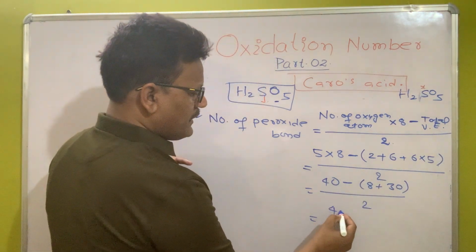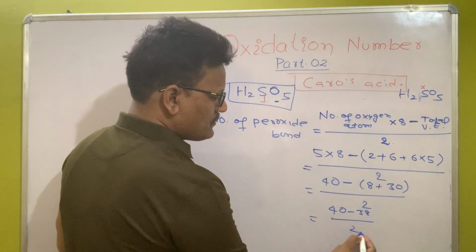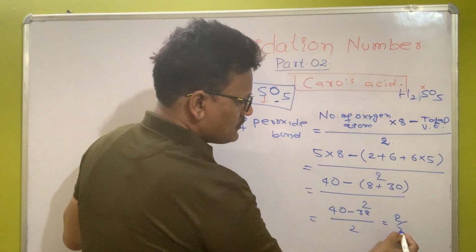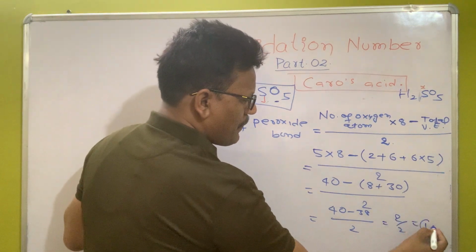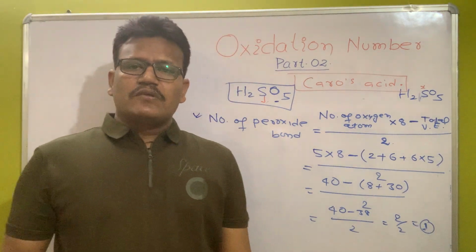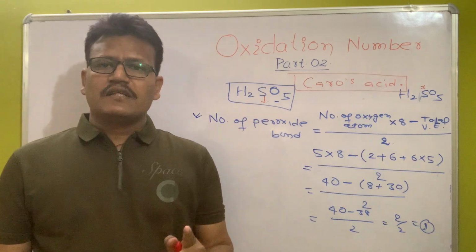So 40 minus 38 divided by 2, and we have 2 by 2, that is 1. So the number of peroxide bond present in H2SO5 is 1.